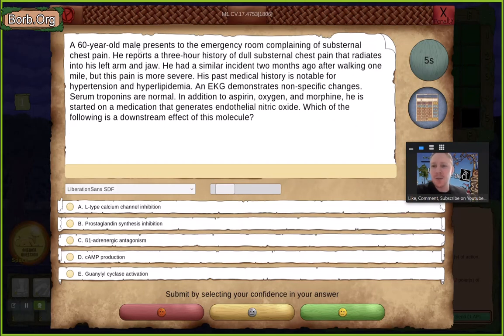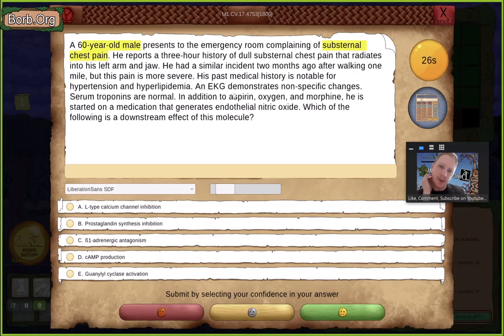Okay. So, 60-year-old male, emergency room, complaining of substernal chest pain. He reports a 3-hour history of dull substernal chest pain that radiates to his left arm and jaw. He had a similar incident 2 months ago after walking 1 mile, but this pain is more severe.